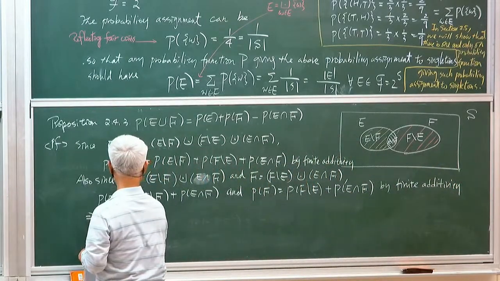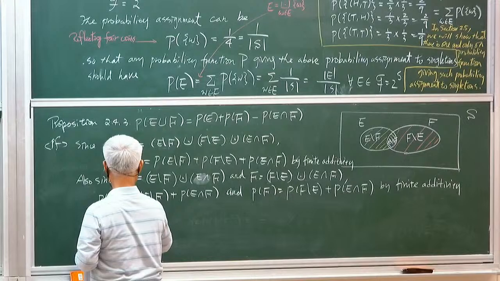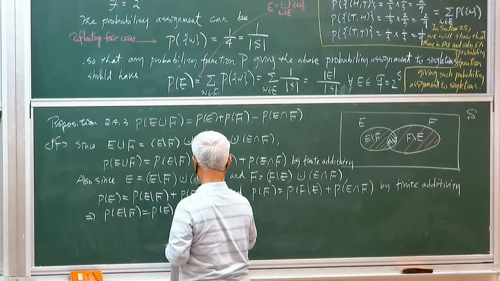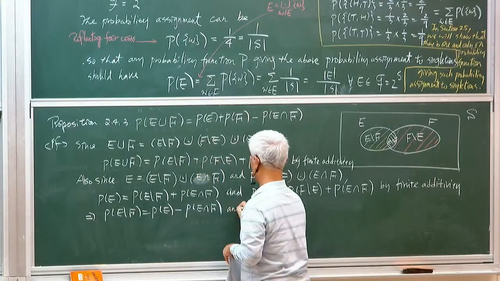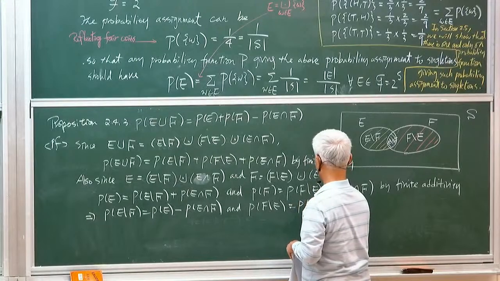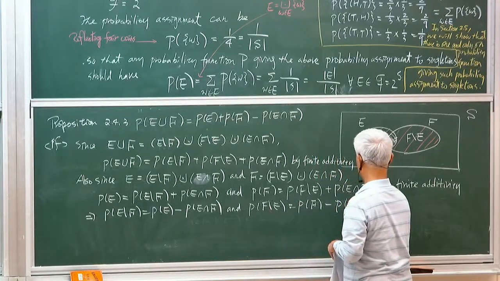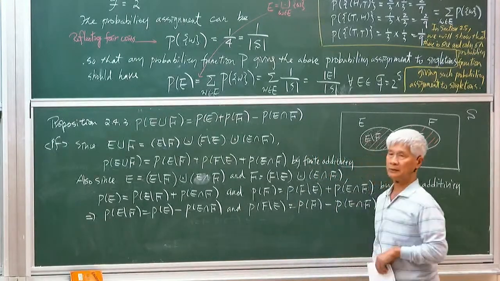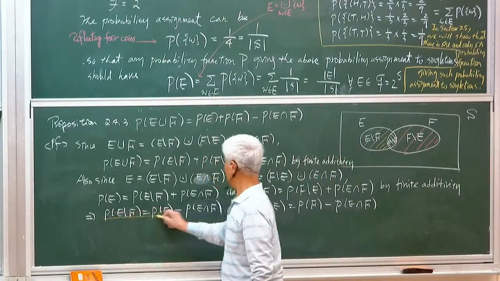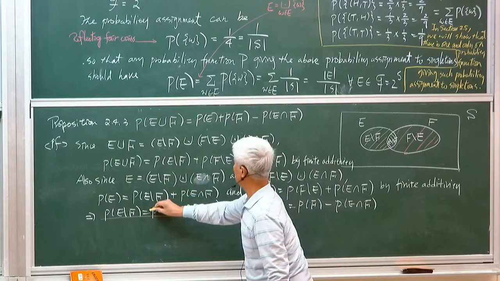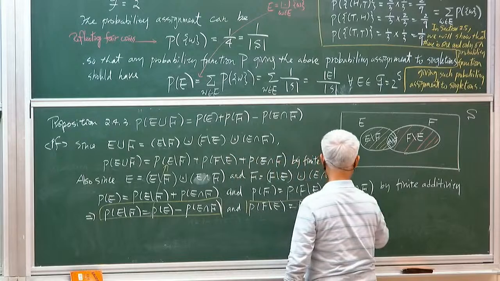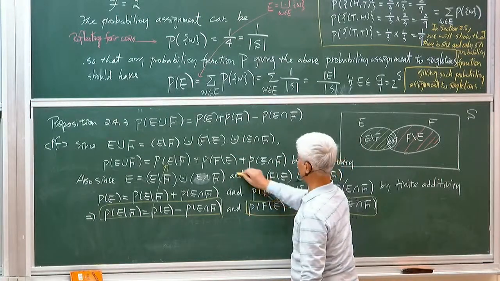Okay, so this implies that P of E minus F is equal to P of E minus P of E intersect F. And P of F minus E is equal to P of F minus P of E intersect F. Okay, so this expression will go to here, and this expression goes to there.